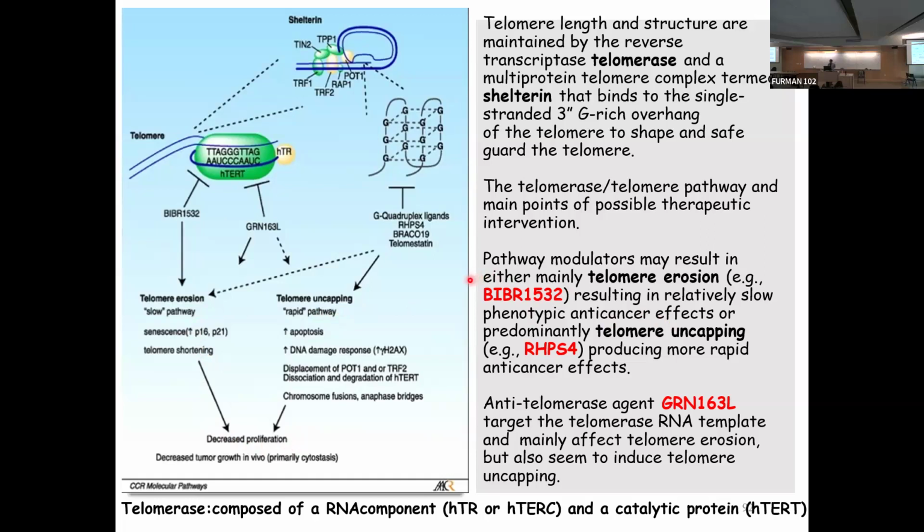There is a two-way advantage. Telomere erosion is a slow pathway; it slowly induces telomere shortening and reduces proliferation. Telomere uncapping is rather rapid. That means it can induce quick apoptosis and DNA damage response, and essentially can lead to cell death and decreased proliferation of the cancer cells. So that's again an important feature.